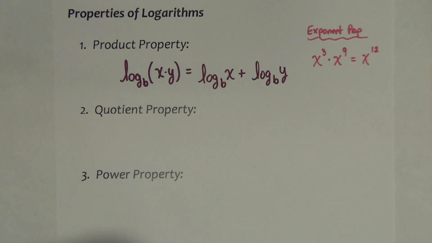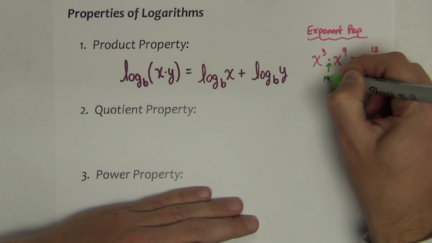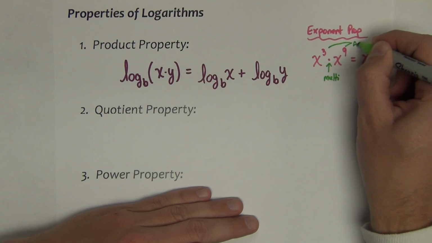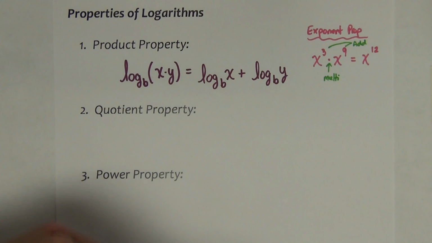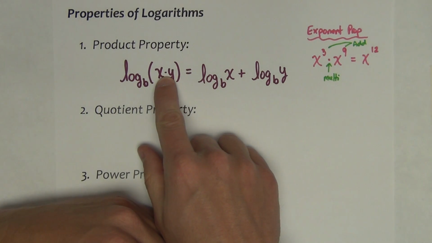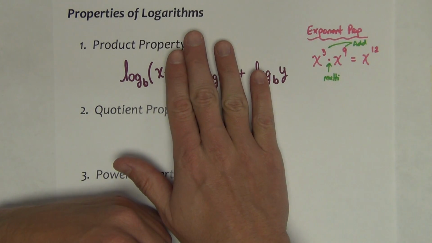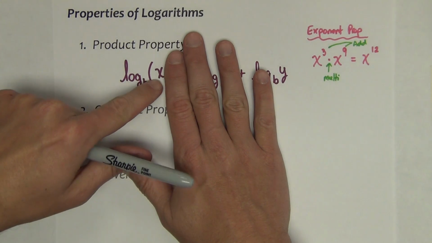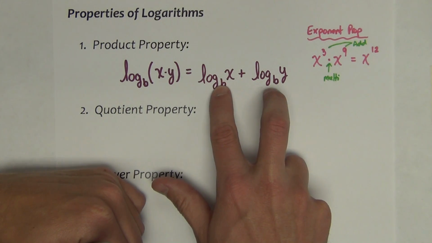The rule, and we've used it plenty of times, is that when you multiply, you add exponents, right? So those are the two operations that we're using here. It is a multiplication operation, and we've resulted in adding. And since we know that log base b of x is really like asking what power of b is this, it's kind of like an exponent. So what we're showing is that we are adding two exponents together.